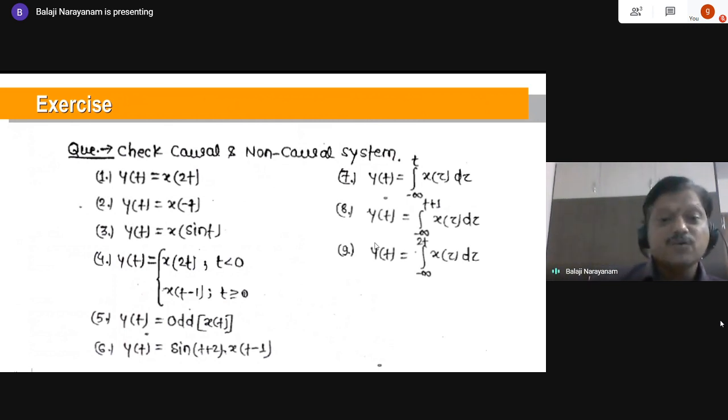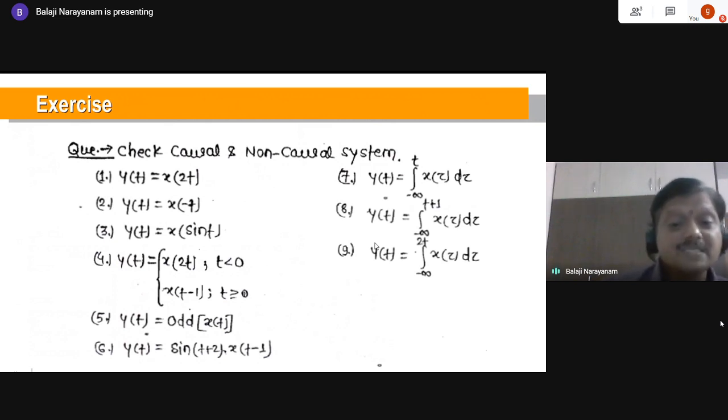And fifth, you have the odd part of x of t. The odd and even portions of x of t we discussed in yesterday's session. So now you will find the use of finding the even and odd portions in solving.